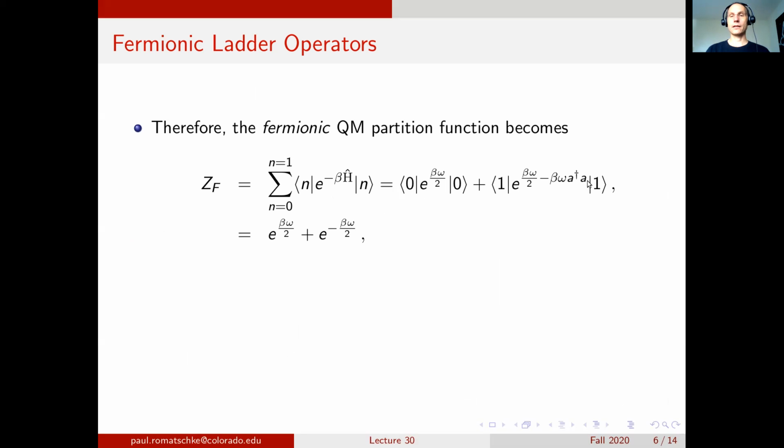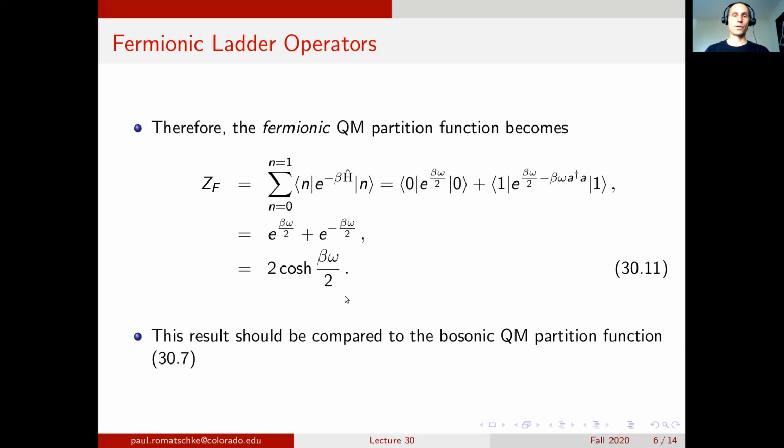And for the second state, if we express the expectation value with respect to this term here, we find that this gives e to the minus beta omega over 2. And if we want, we can rewrite this again in terms of hyperbolic functions. Namely, we can write this as twice the cosine hyperbolic of beta omega over 2.